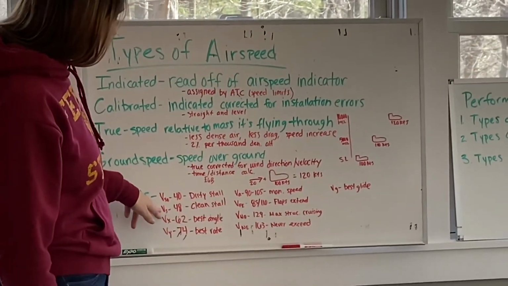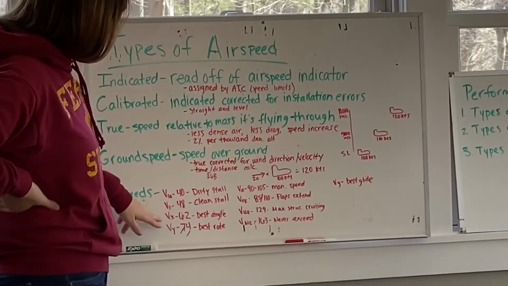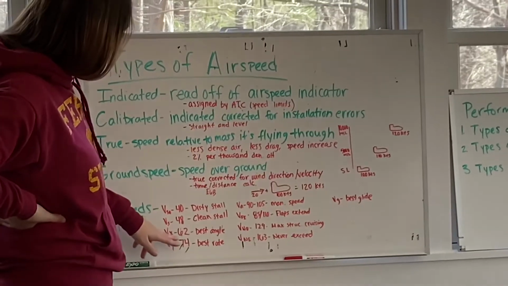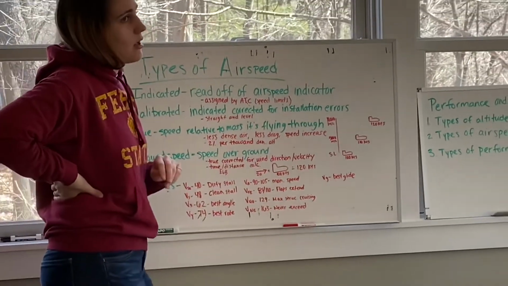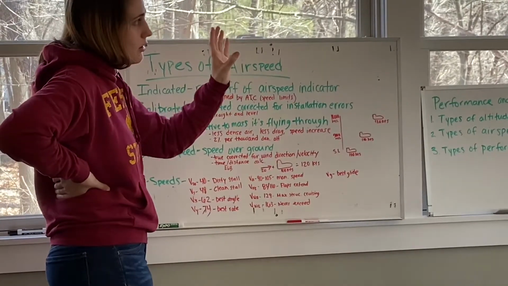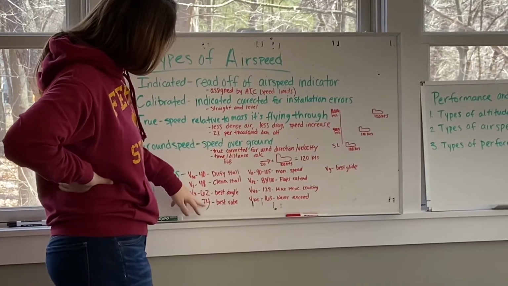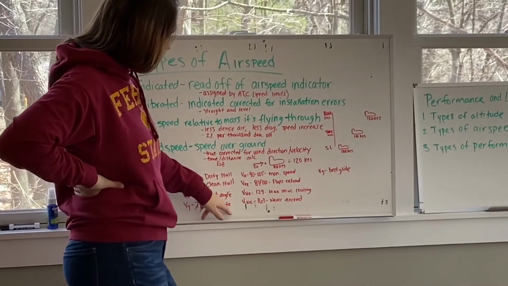VS is stall speed in a clean configuration, so your flaps are still up. VX is your best angle of climb, 62. That's gonna get you the greatest amount of height over the shortest distance. Then there's VY, which is 74, which is your best rate of climb.